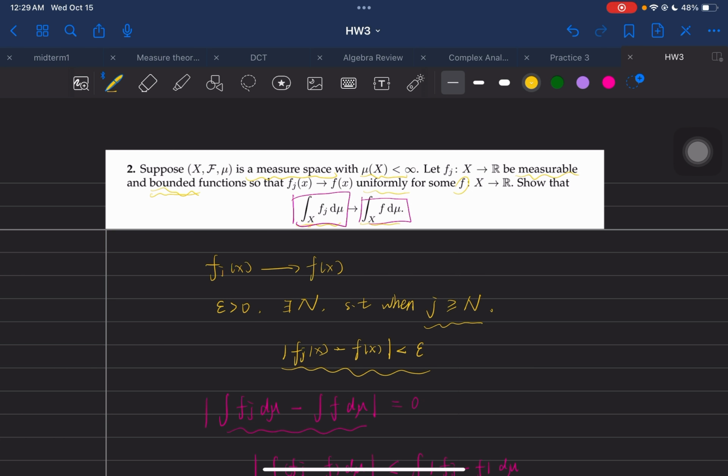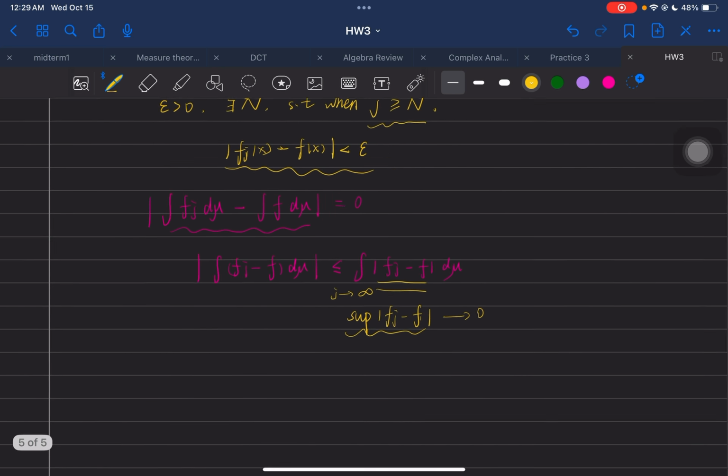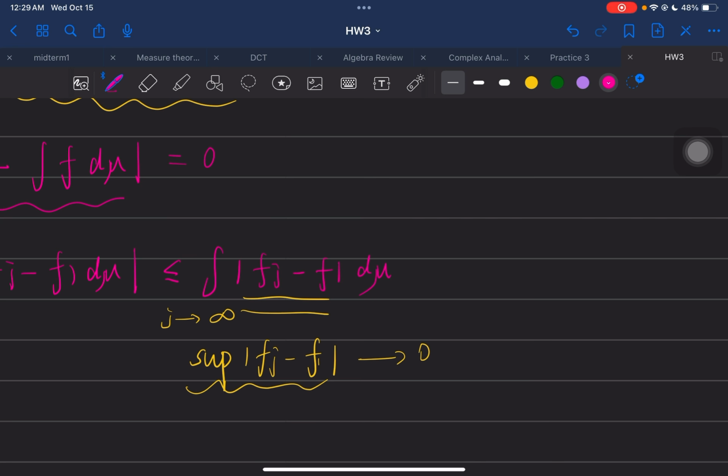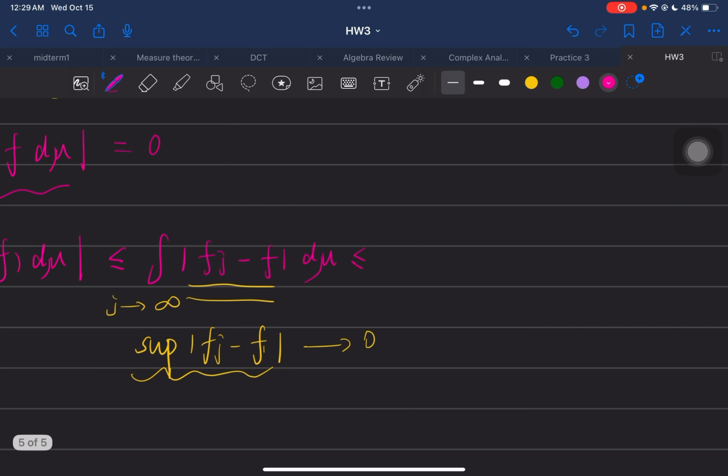And then we also have another assumption in the problem, which is that the measure of the whole space is finite. So then we can bound this integral by using the supremum of fj minus f times the measure of the whole space.